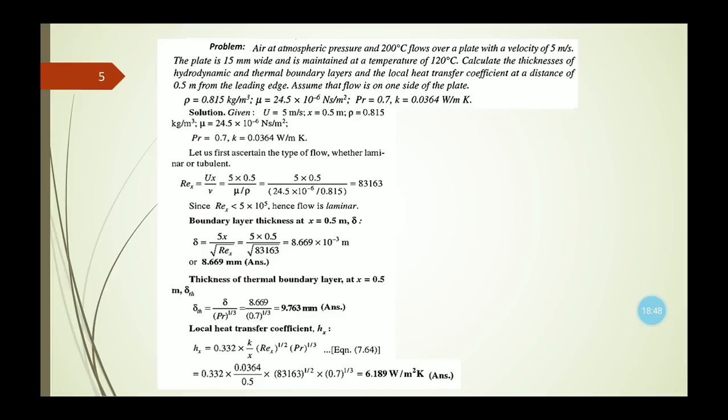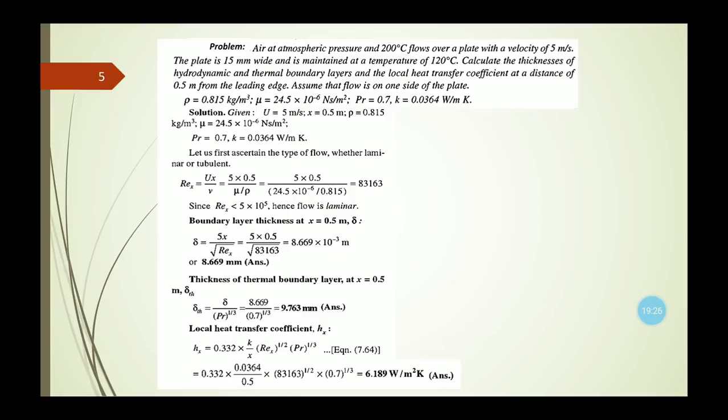So this is the procedure to solve this type of numerical. When there is no velocity distribution equation given, we need to take the Blasius solution as the default velocity distribution, and corresponding to that we consider the formula of the hydrodynamic boundary layer thickness. There is a relation between the thermal and hydrodynamic boundary layer thicknesses: the thermal boundary layer thickness is the hydrodynamic boundary layer thickness divided by Prandtl number to the power 1/3.